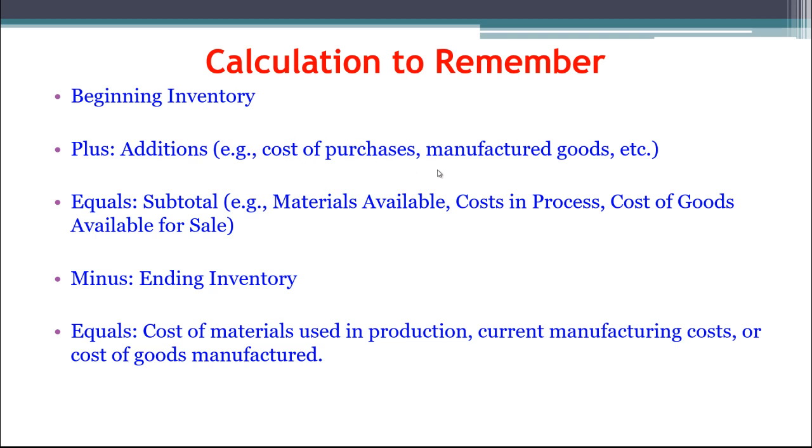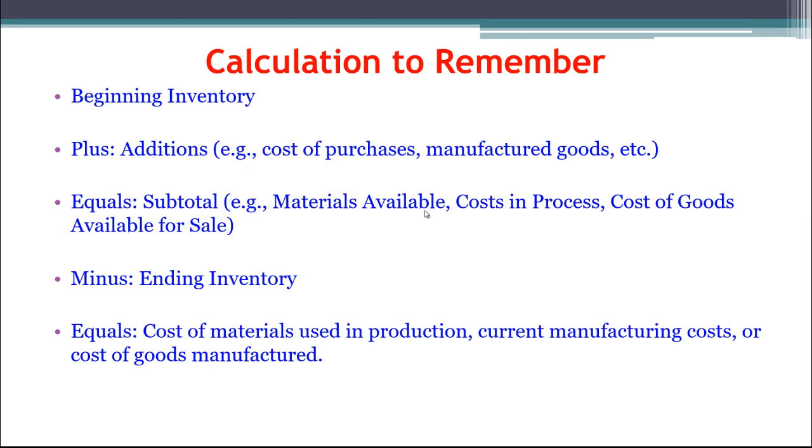If we're talking about the actual units themselves, it would be the manufactured goods. So, and again, we'll see all of these in just a bit, but that's going to equal some sort of subtotal, either materials available, costs in process, or cost of goods available for sale. But the point is, this is not the final number.